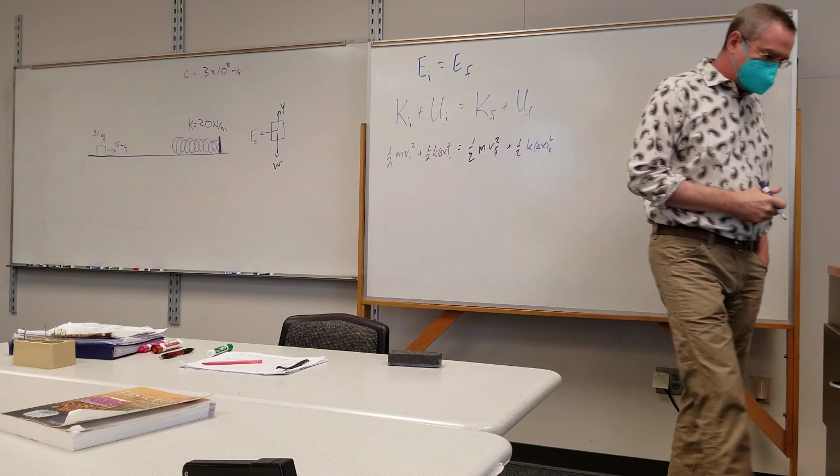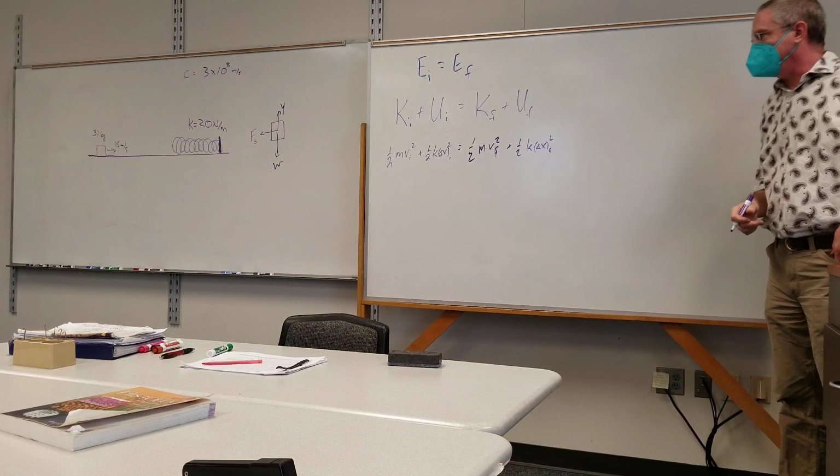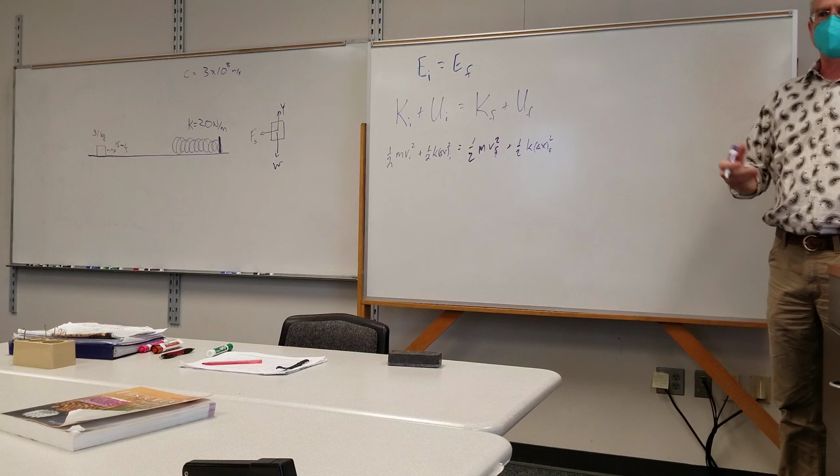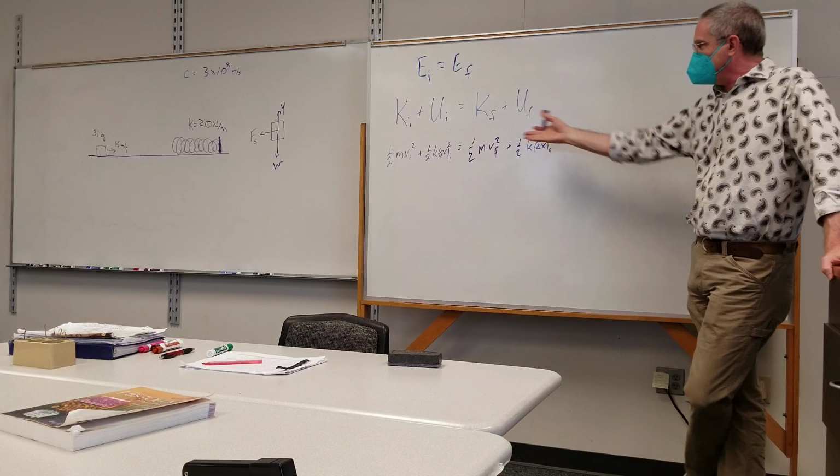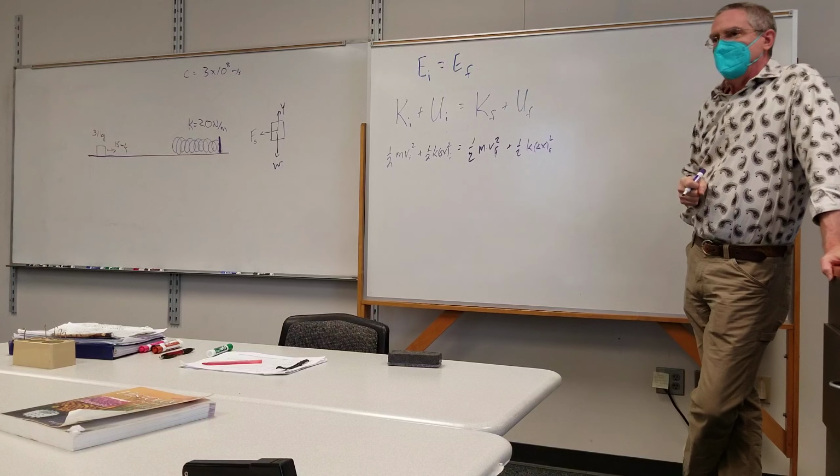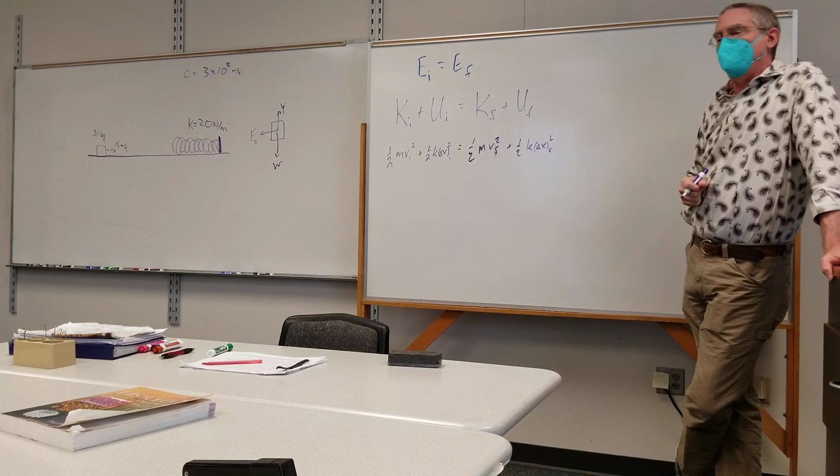All right, so at this point, let's try to figure out what we can get rid of. We have 4 terms here. Which of these terms are 0, and why?